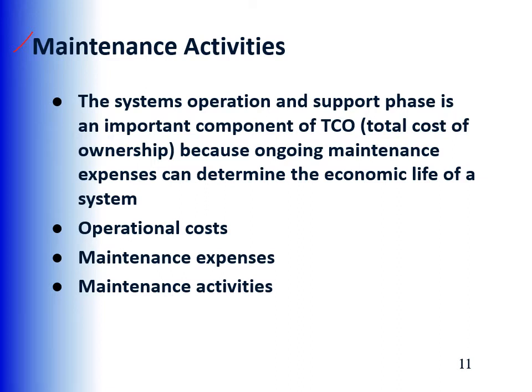Operational costs will include items such as supplies, equipment rental, and software leases. An example of supplies is consumable items such as printer toner. Examples of equipment rental are PCs, laptops, printers, and also cloud services.